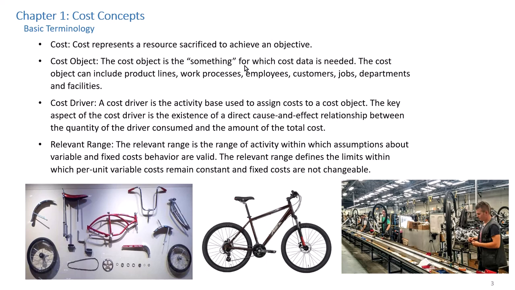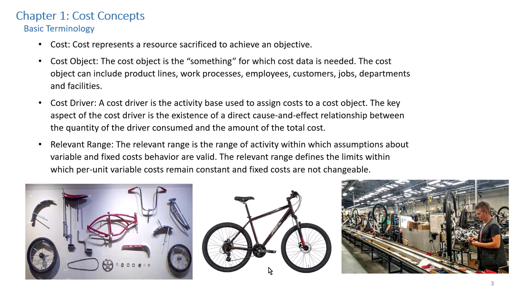Examples would be, how much does it cost to operate our administrative offices? How much does it cost to operate our manufacturing facility? How much does it cost to manufacture a bike? The administrative offices, the manufacturing facility, and the bike are the cost objects.